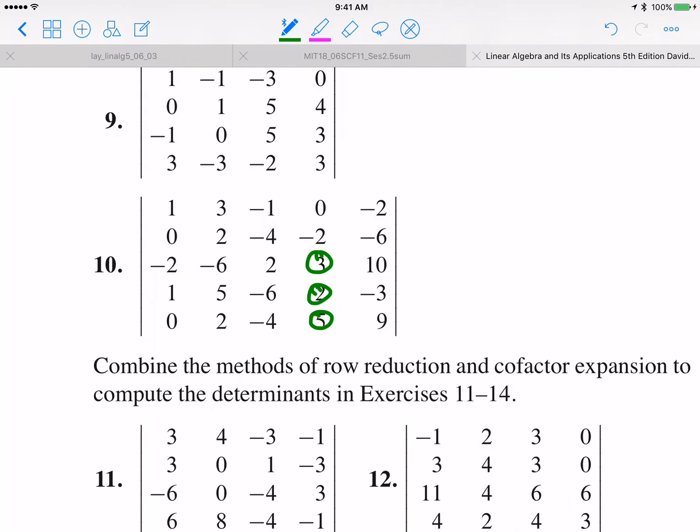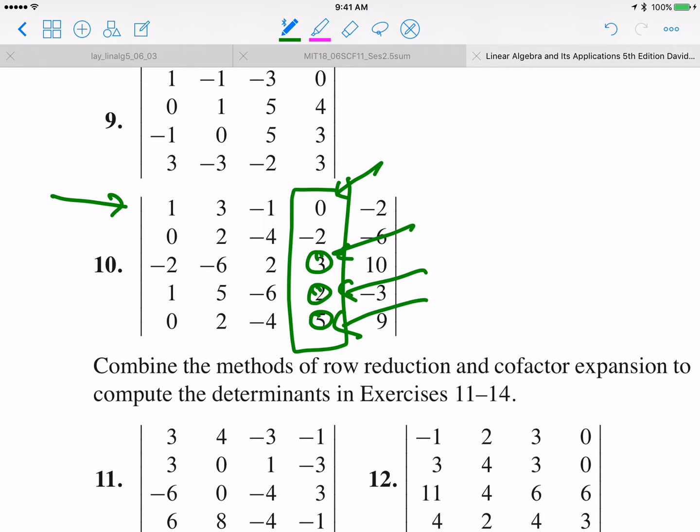Suppose we are given this kind of big matrix, and we have to compute the determinant of it. The row or column that we are going to start with will be this one, because we see many zeros here. So in this case, we only have to consider this one single non-zero element along this column. That should be your starting point.